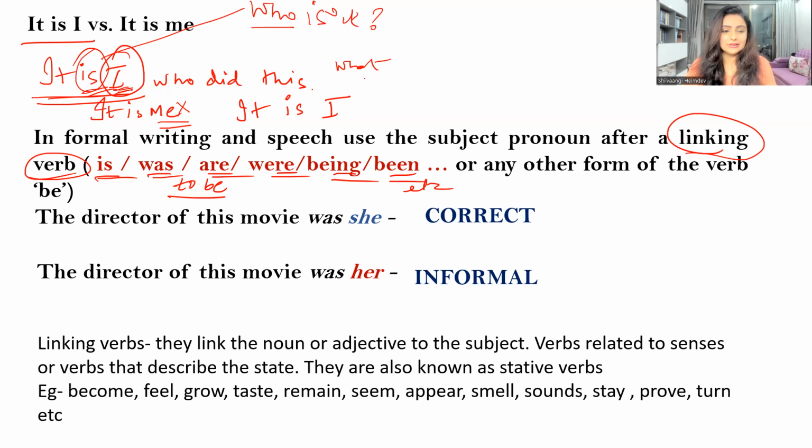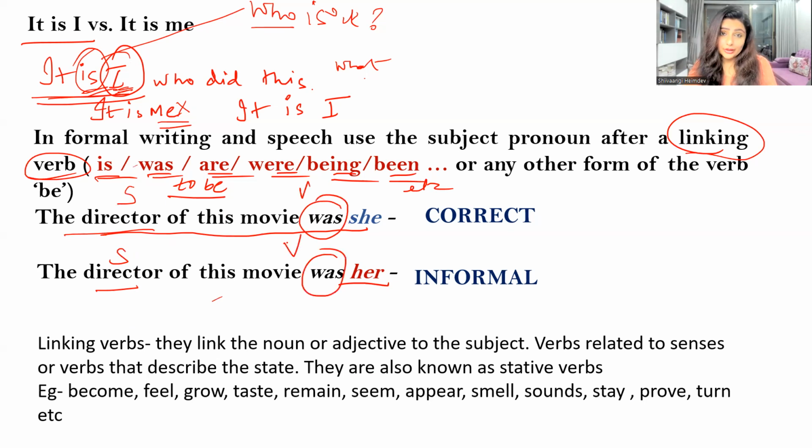Like, for example, "the director of this movie was she" or "the director of this movie was her." You have two statements. But the subject here is the director. Yes or no? This is the subject. "Was" is what? The verb. And most importantly, it's a linking verb. So because it's a linking verb, I will make use of the subject pronoun "she," though this is the object.